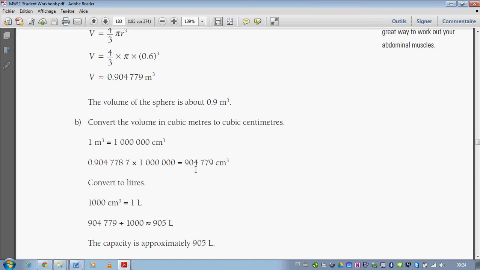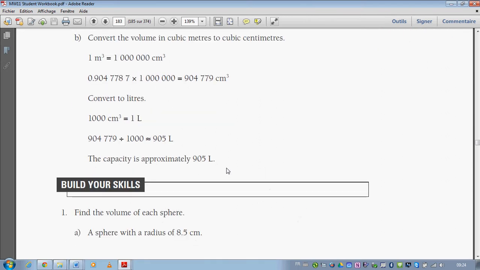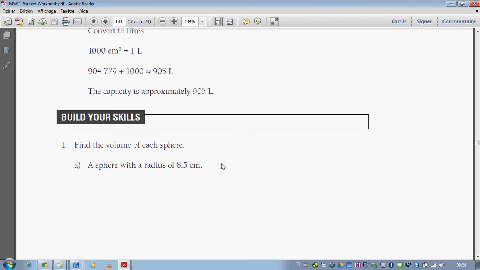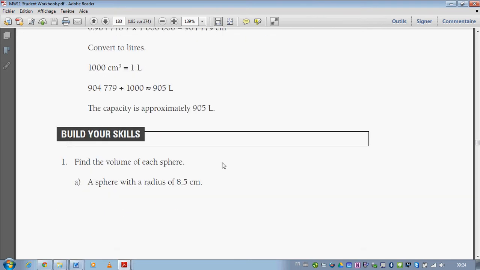And again, you can set up your proportions here. You can say, 1 liter over 1,000 centimeters cubed equals how many liters over 904,779 centimeters cubed. Okay. At this point, you can pause the video and attempt the Build Your Skills questions on this page.